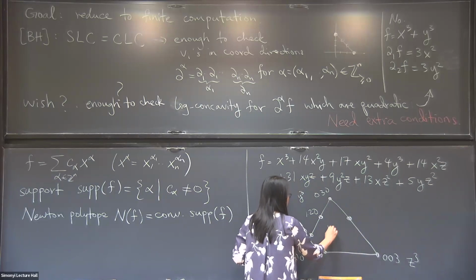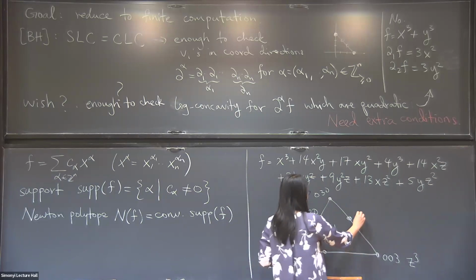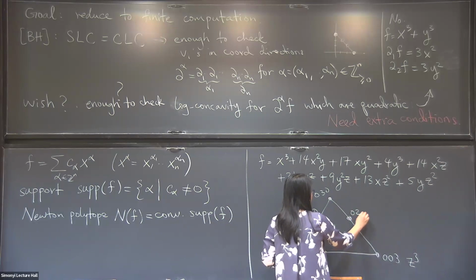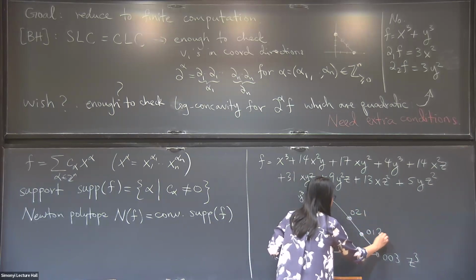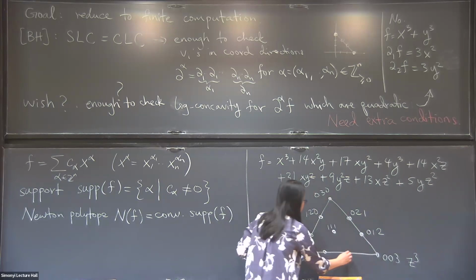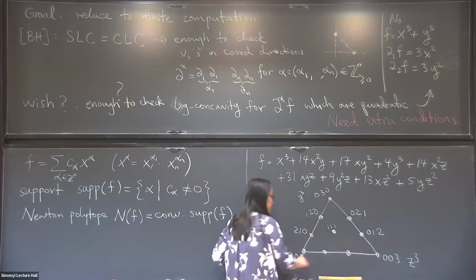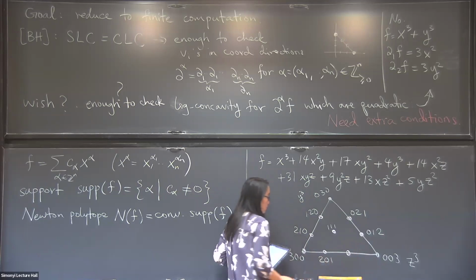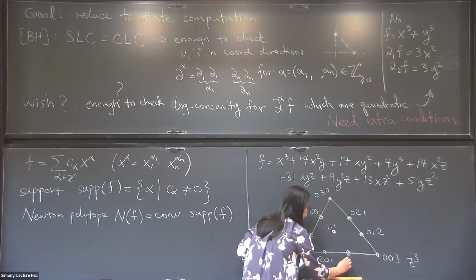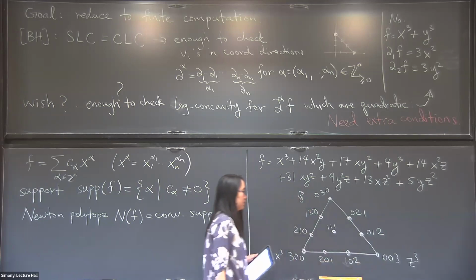So in the middle, it is xyz. Right, this is (0,2,1), y squared z. This is y z squared. Along this line, it is x and z only. So this is (2,0,1), x squared z, and (1,0,2), x z squared.